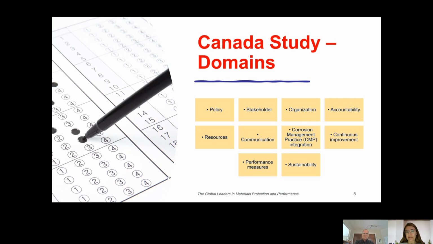This is the first time that there is a cost of corrosion study that includes sustainability as a standalone section. This is great. It gives us a lot of information on how we are doing in Canada on sustainability, and Sandy is going to talk a little bit about that in a second.